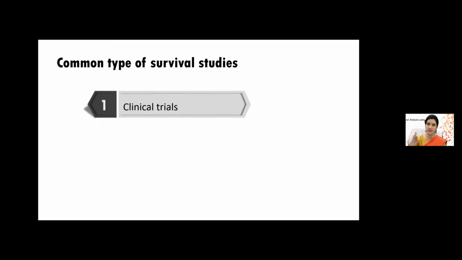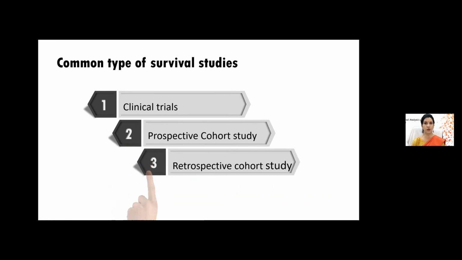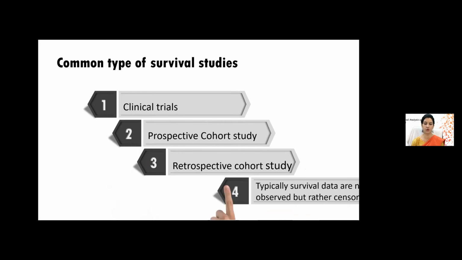You follow up at a fixed interval of time and you have a particular event happening or not happening, and then you have the censoring of the data also, which we'll see, what is this concept of censoring. We use this for a prospective cohort study also, or you can have this analysis in a retrospective cohort also.